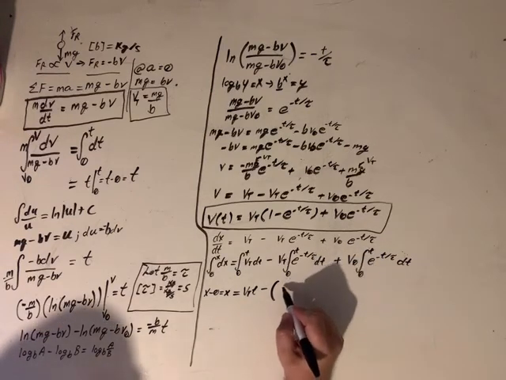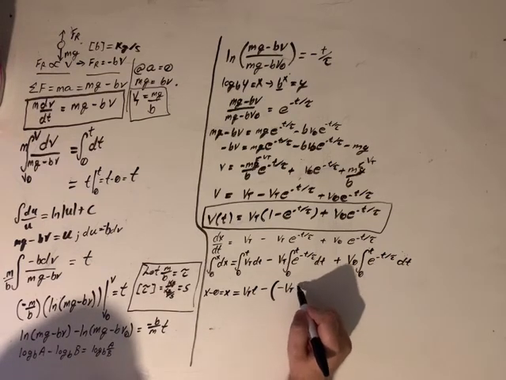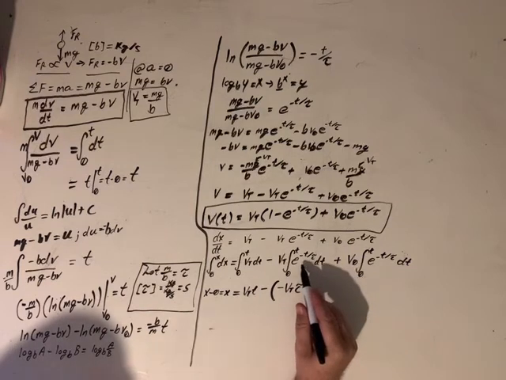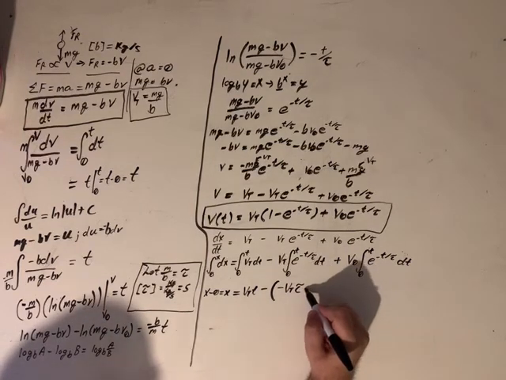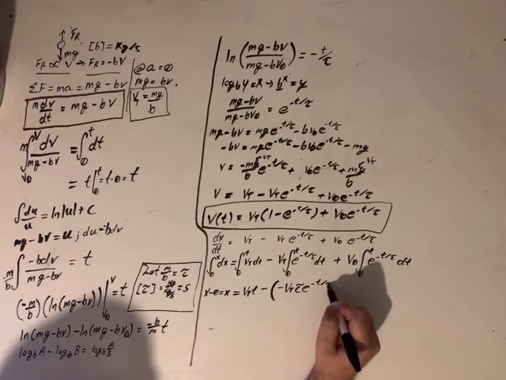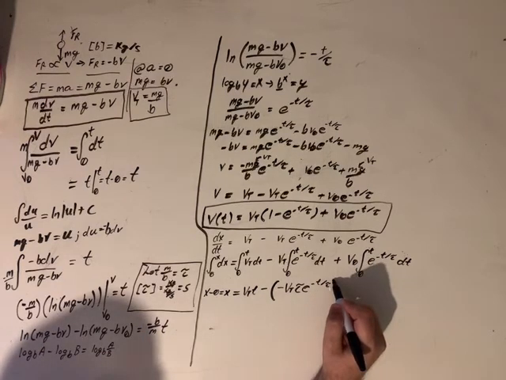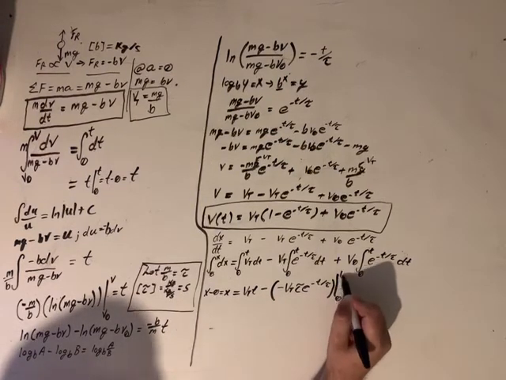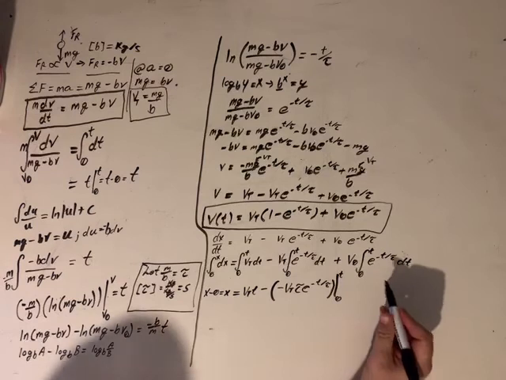So what I have to have here to start with is negative v_t tau, times e to the negative t over tau, multiplied by the negative tau so that I get this when I differentiate, from the limits of 0 to t.